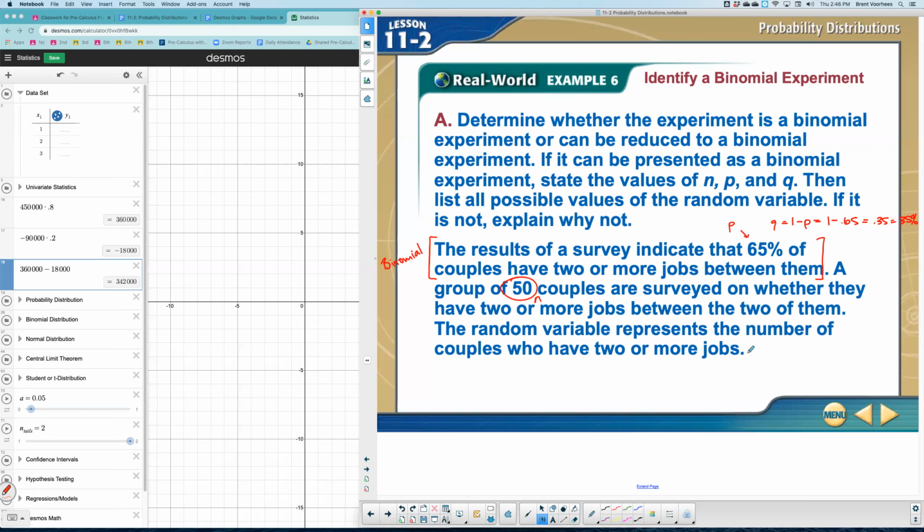It says the random variable represents the number. Okay, so I already found everything we need to find. N would equal 50. The probability of success is 65%, and the probability of failure is 35%.